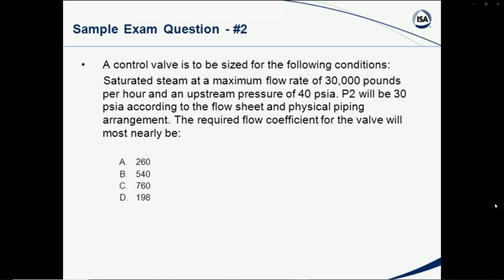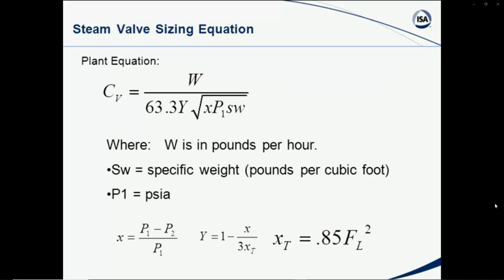Again, I don't see any way we can eliminate anything. We basically have a situation of saturated steam, 30,000 pounds per hour. To save a little time, if we go back to slide 46, we find a steam sizing equation, W over 63.3 Y times the square root of X P1 S sub W. In this case, we can calculate some of these numbers.